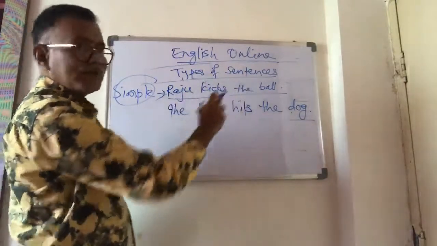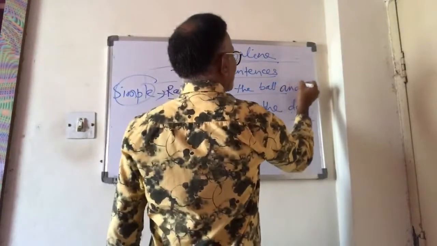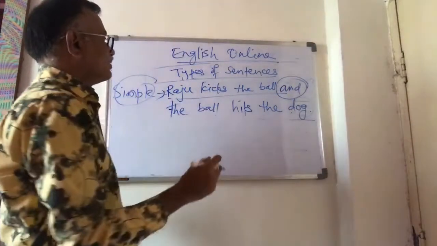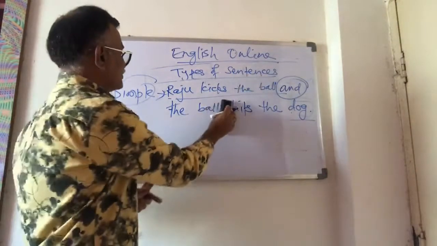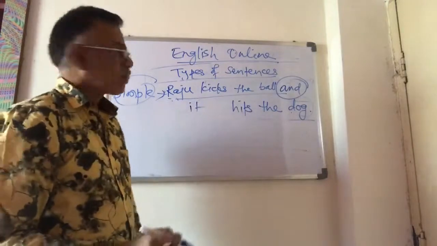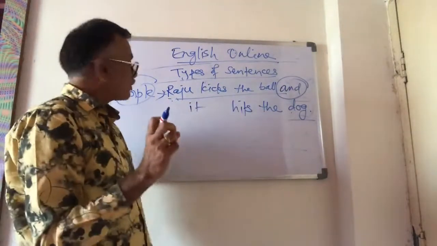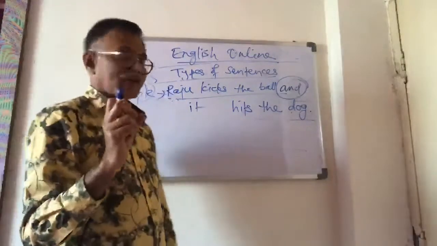If I continue this writing as Raju kicks the ball and the ball hits the dog. Instead, if I write and it hits the dog, that means this object has been replaced with a simple pronoun to make the understanding proper.